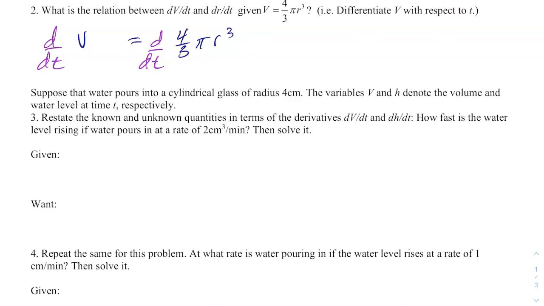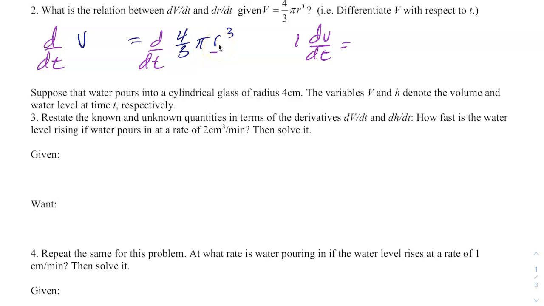What's the derivative of V? Well, just like anything, the derivative of a variable is just 1. But it's the wrong variable, so dV/dt. So we get 1 dV/dt equals, on this side, the derivative of this. There's only one variable here: pi is a number, so the only variable is r.